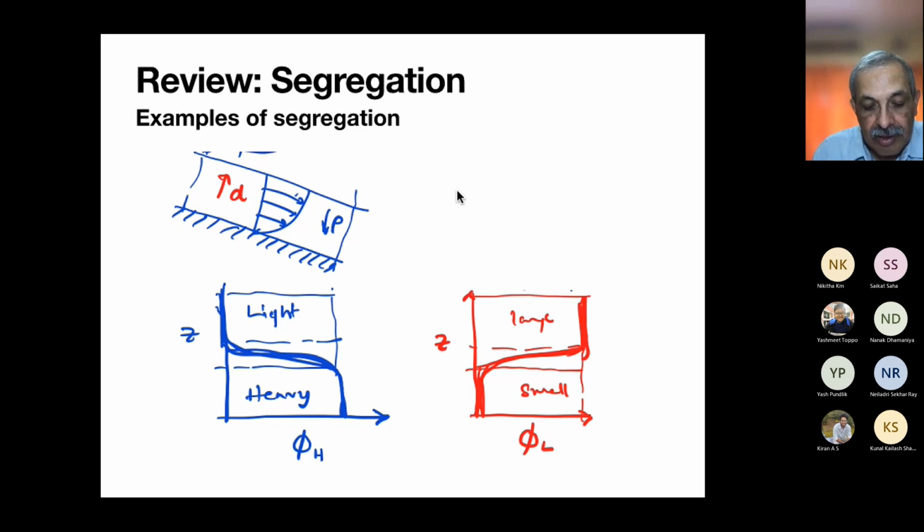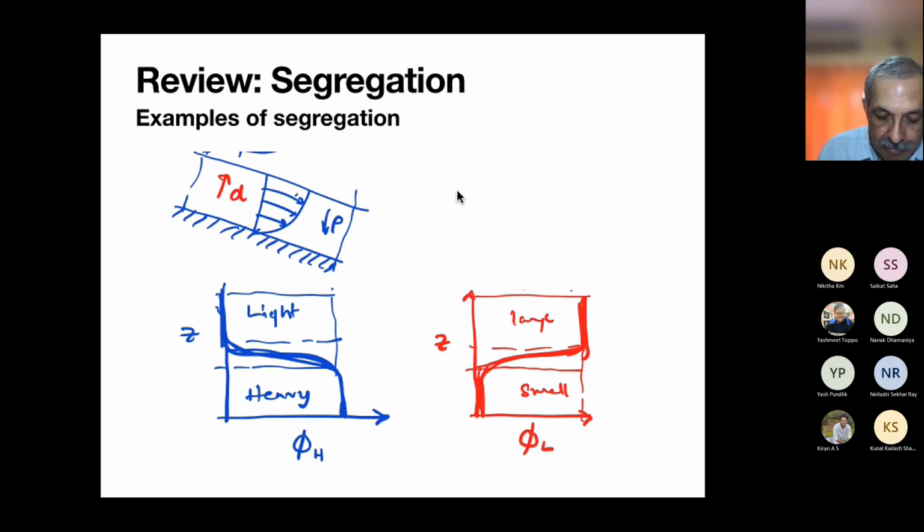And finally, if you have a flow in a layer like this, then what you find is that if there's a mixture, the particles with the larger diameter rise and particles with the larger density fall.